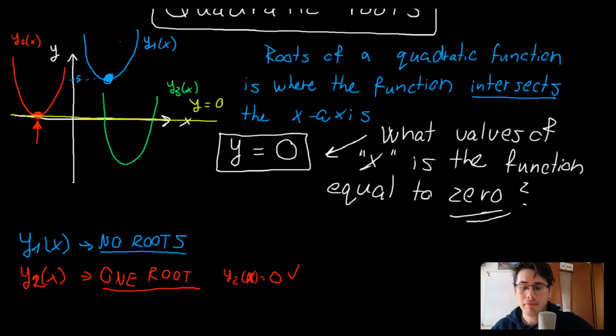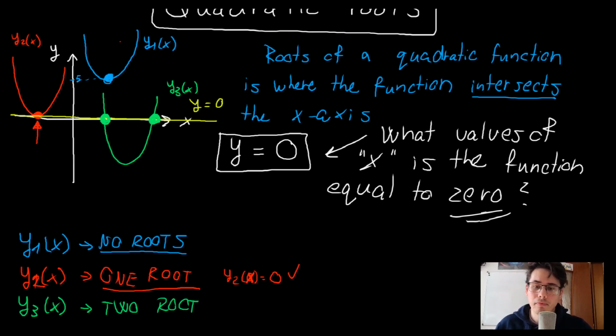Following with the last one, with our green function, we have two of these points. One here and one here. Two roots.